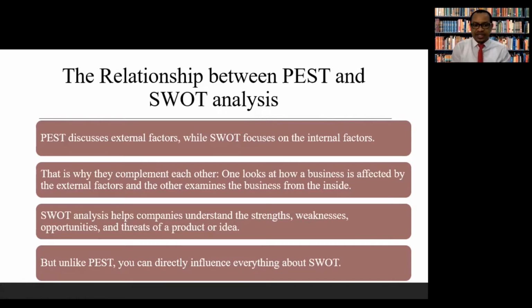So SWOT analysis helps companies to understand the strengths, weaknesses, opportunities, and threats of their product or ideas. Unlike PEST, you can influence or control the elements of your SWOT, but you cannot control the elements of your PEST.